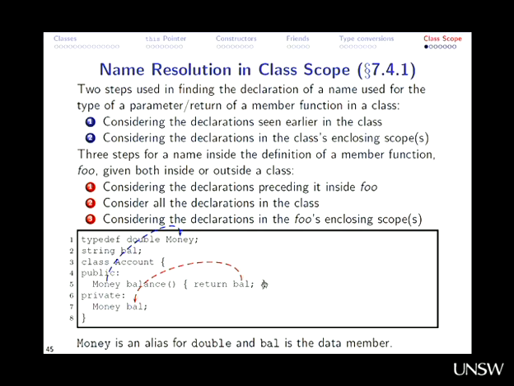I have a bal sitting inside the class scope, and I also have a bal sitting inside the global scope. Even though the class scope version is declared after that return bal, this works. It finds the class scope. So it kind of works local scope, class scope, global scope. When finding name resolution, this is in class scope only.